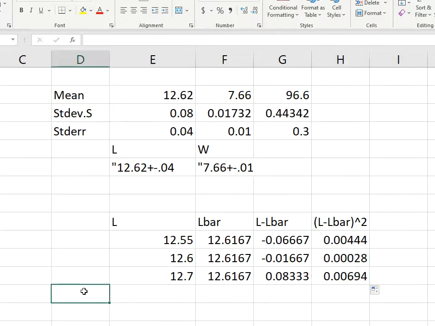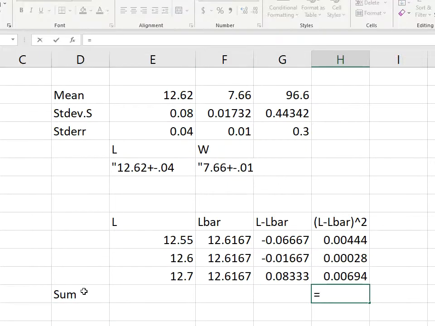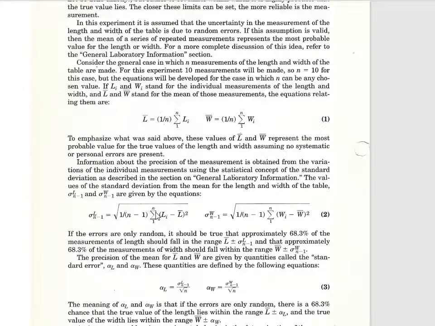Then I want the sum of these, which equals 0.01167. So now we've got the sum from i equals 1 to n of L sub i minus L bar squared. Now I just need to take that divided by n minus 1, which in this case is 3 minus 1, which is 2, and take the square root.